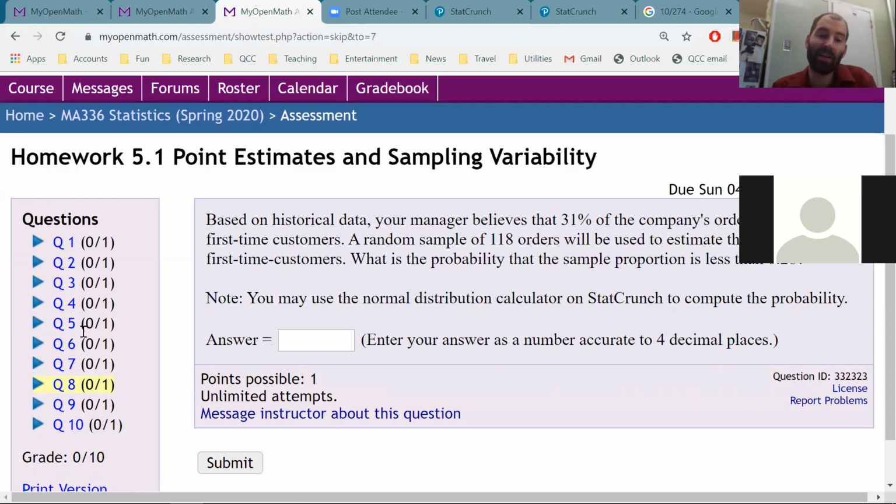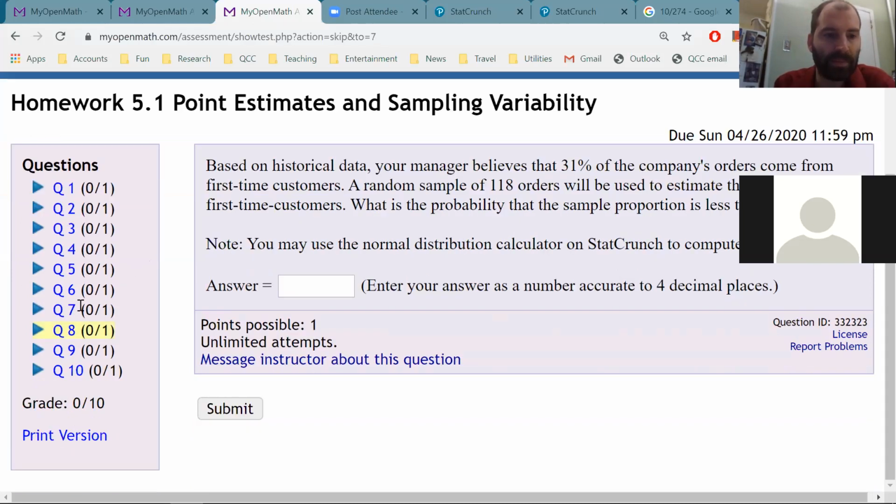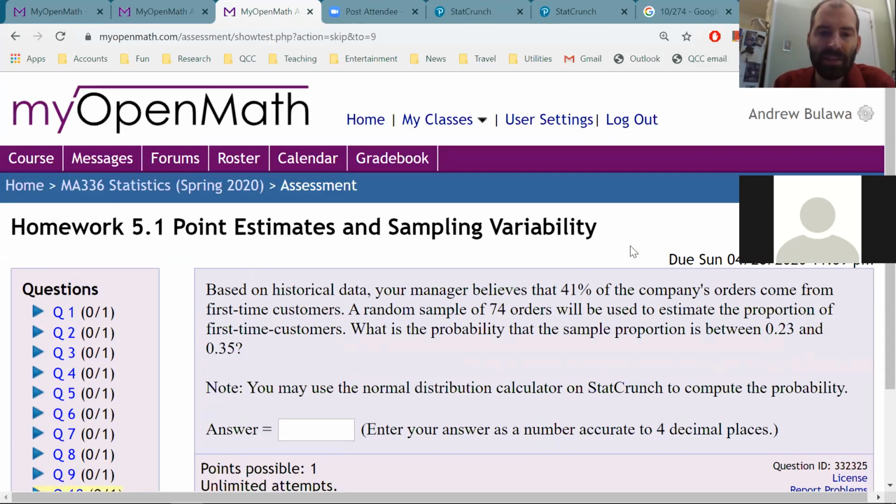I could even ask, what's the probability of having a proportion between 2 values? I don't know if I asked any like that in the homework, but that totally would have been a possibility. Question 10 is a between question.